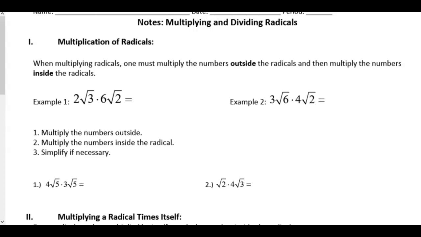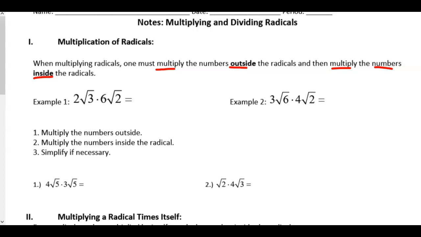Cool. Now, when you're multiplying radicals, one must multiply the numbers outside and then multiply the numbers on the inside. It's pretty straightforward, pretty easy. Okay? So, outside times outside.